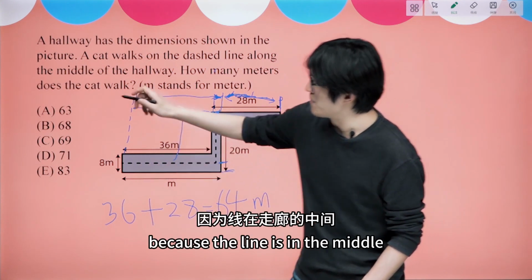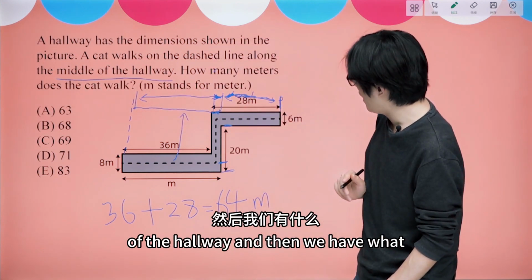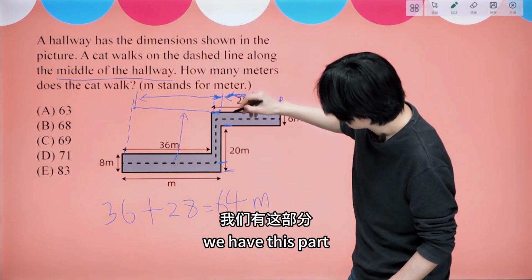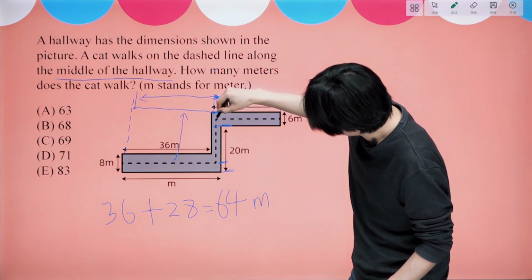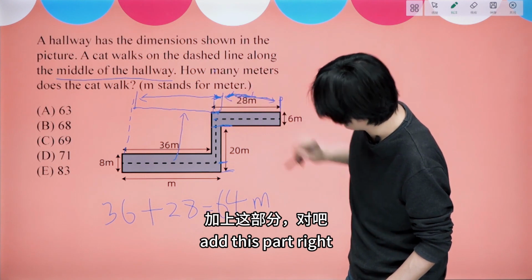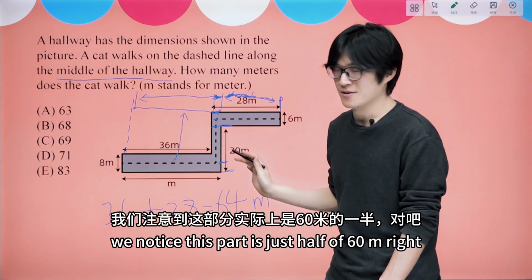Because the line is in the middle of the hallway. And then we have this part. And we need to add this part, right? We notice this part is just half of 6 meters, right?